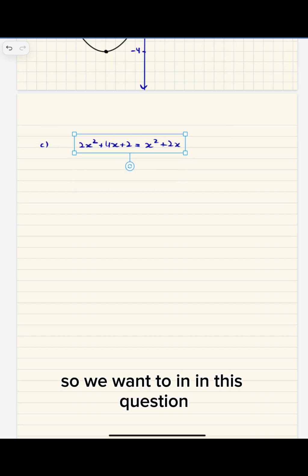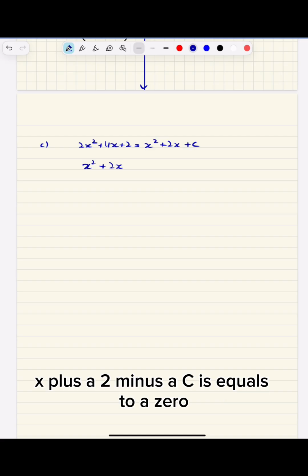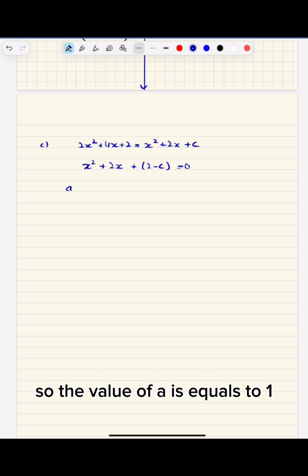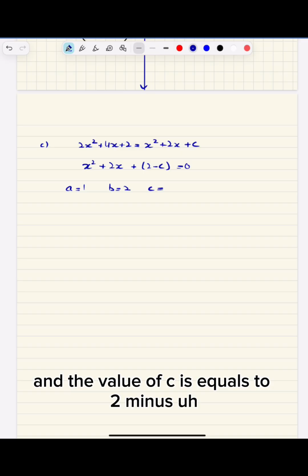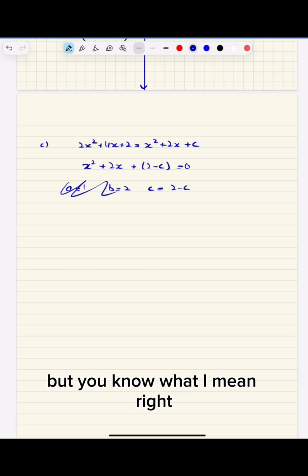So in this question, we want to find a value of c for which we do have a valid point of intersection. So we have x squared plus 2x plus 2 minus c equals 0. So the value of a is 1, the value of b is 2, and the value of c is 2 minus c. This looks weird, but you know what I mean, right?